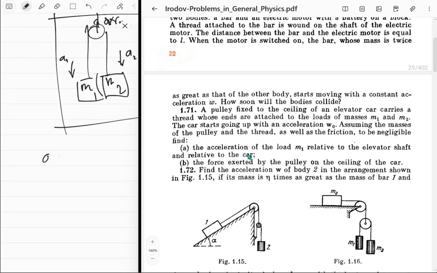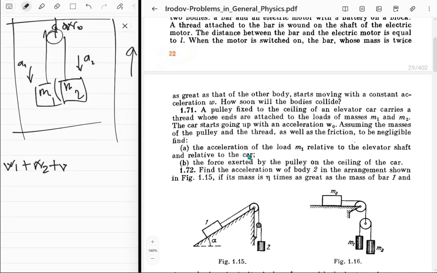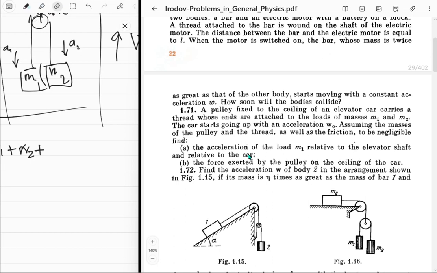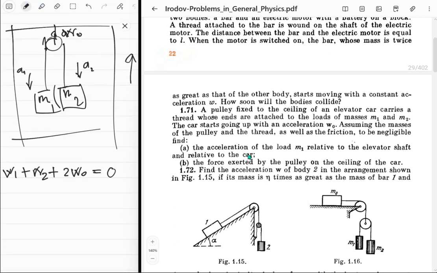I'm just going to use W because the book uses it. So W1 plus W2 plus 2W naught is equal to 0, because these added up. It should be 2W naught, sorry, W naught for this thing and then for that thing.